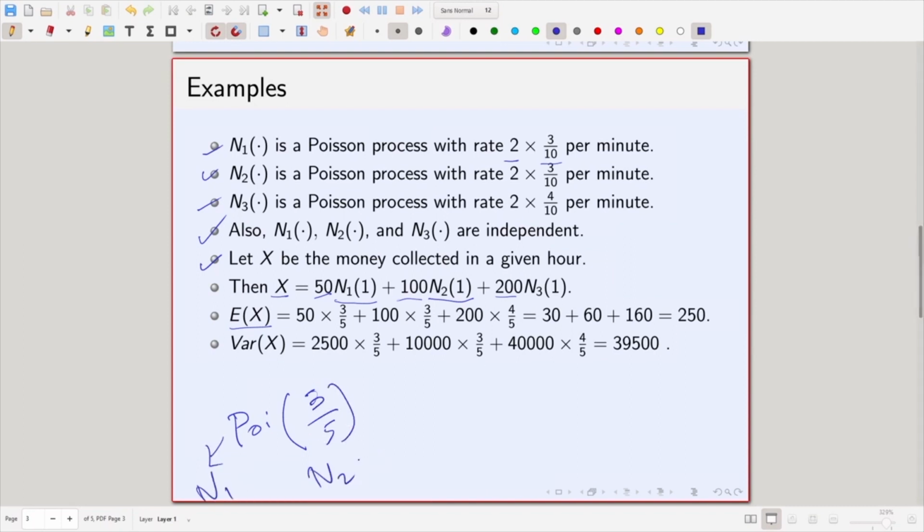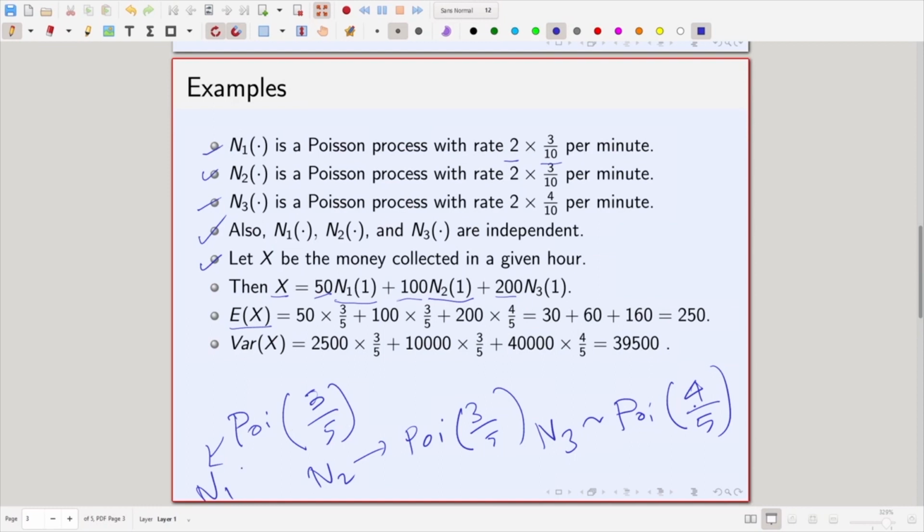N2 is Poisson 3 by 5 again, and N3 is Poisson 4 by 5. These are the rates, and since the time is 1 hour, lambda times t is just lambda.